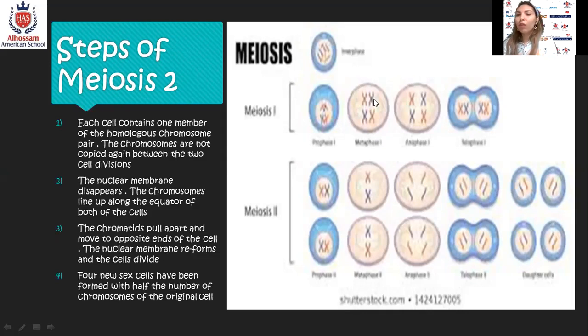Why are they called homologous chromosomes? Because they have the same number of genes and the same sets of genes. Maybe these genes are different, recessive or dominant, as we talked before, but the same length, the same sets of genes. Okay? Is it clear now? Yeah, it's better. So homologous means a pair of similar chromosomes with similar sets of genes.